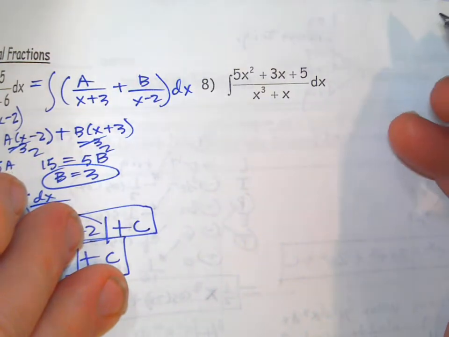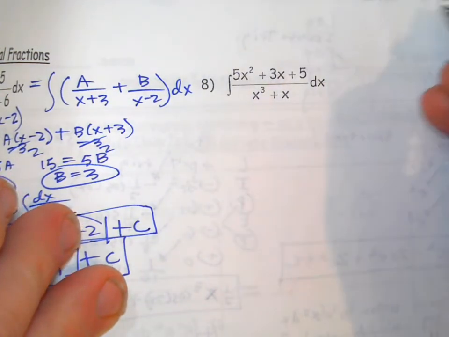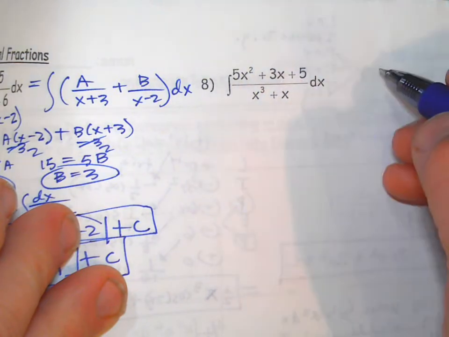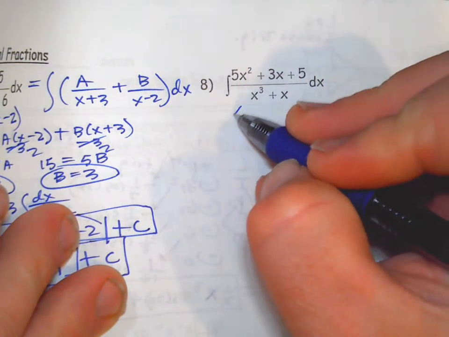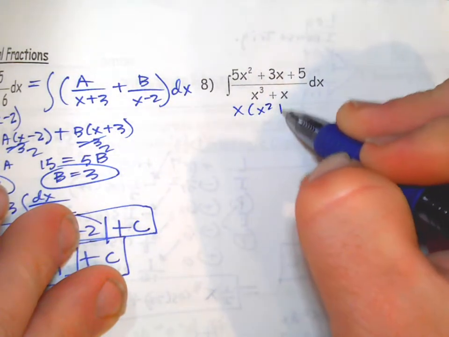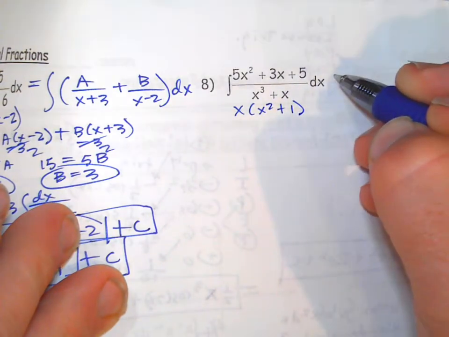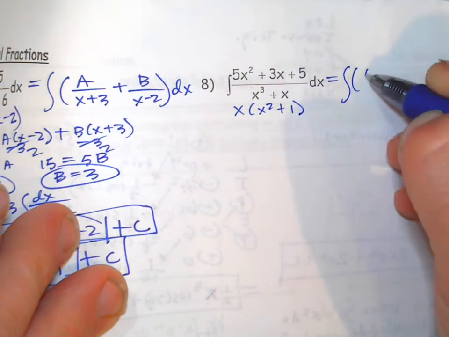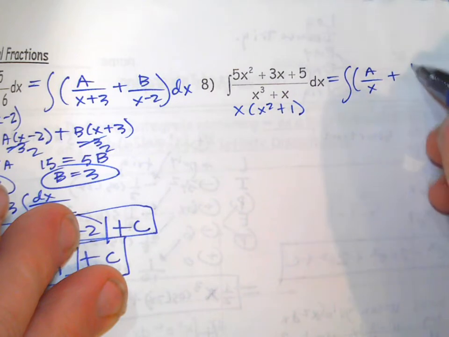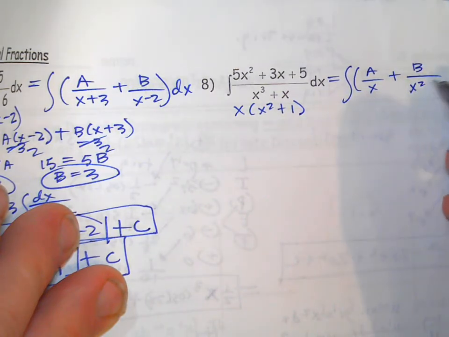If it works, I think we do partial fractions. Degree of the top smaller than the bottom. So we get a factor of x over x squared plus 1. So this equals A over x plus B over x squared plus 1 dx.